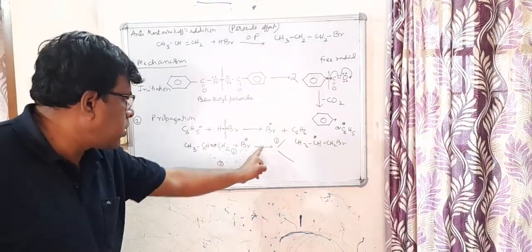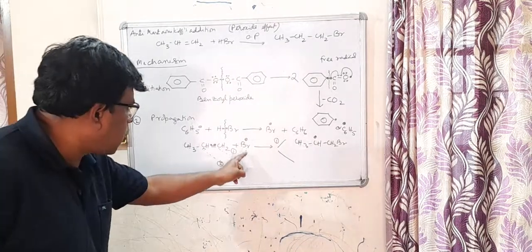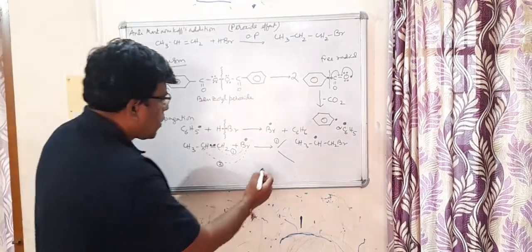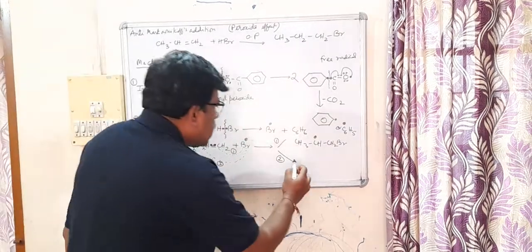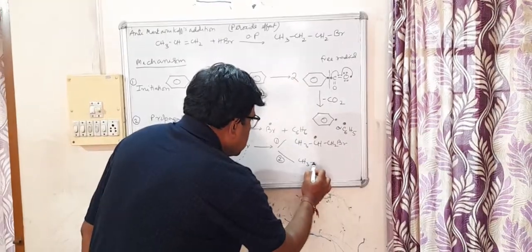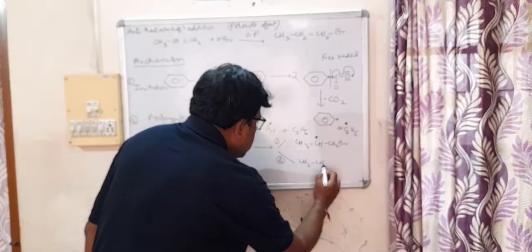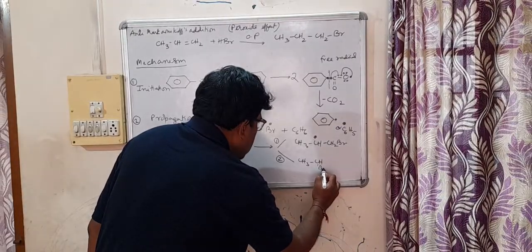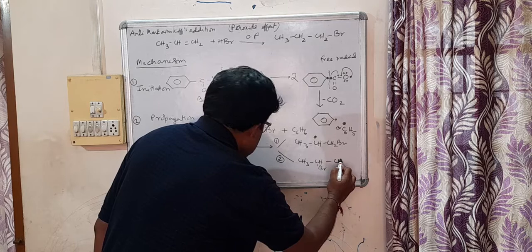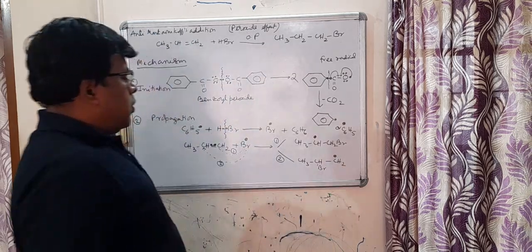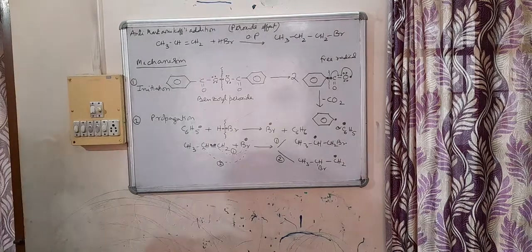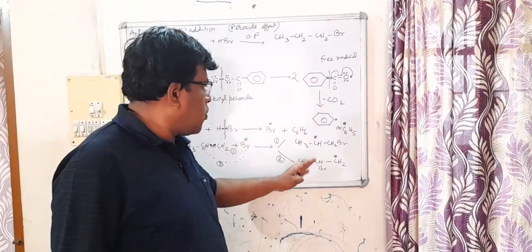This is possibility number 1, and if Br dot attacks the other carbon, then possibility number 2 will be CH3, CH, Br, and CH2 dot. So this free radical is formed now.